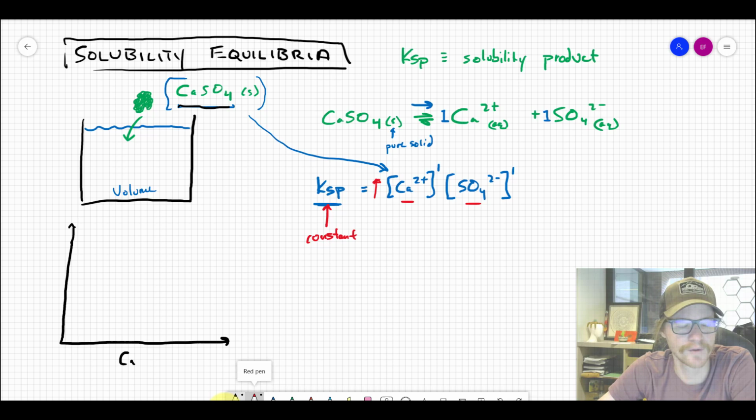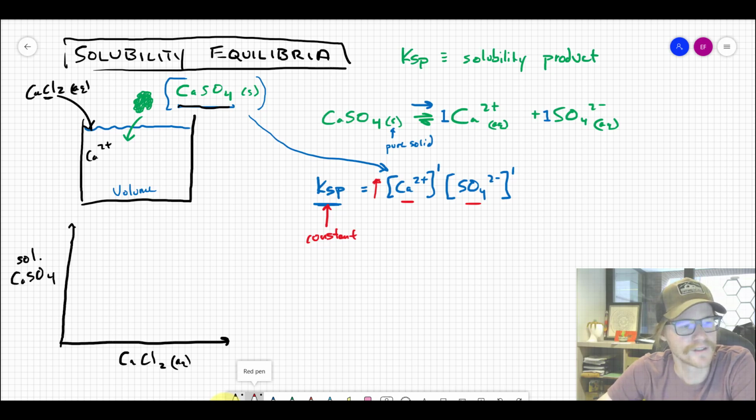So the example could be like if we're adding calcium chloride to the beaker. So we've got some more calcium chloride over here, which we know is going to dissolve into calcium ion, meaning we get more calcium ions simply coming from this, but the chloride doesn't impact the solubility, at least from the common ion effect. And then we think about the solubility of the calcium sulfate on this axis.